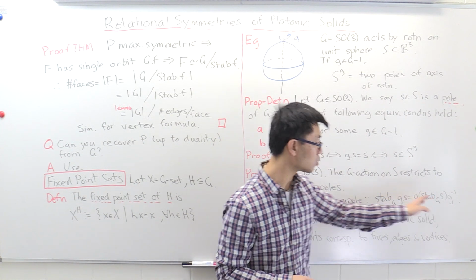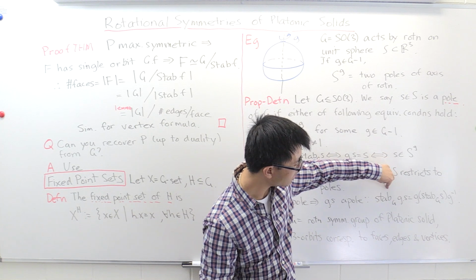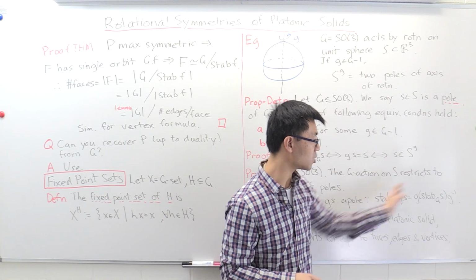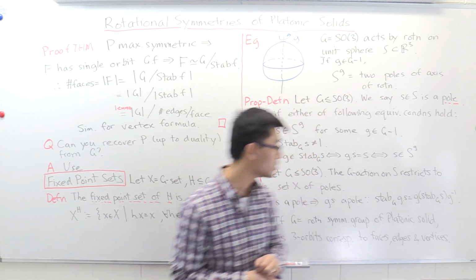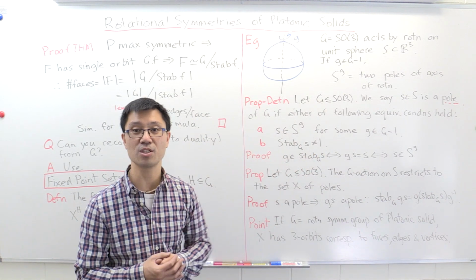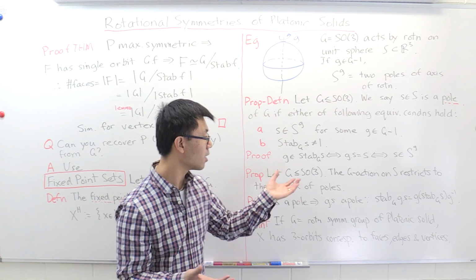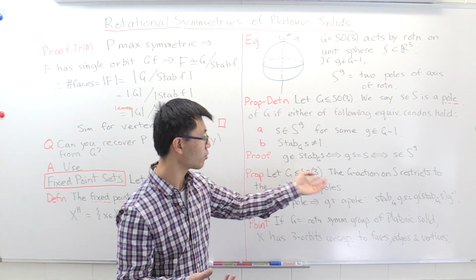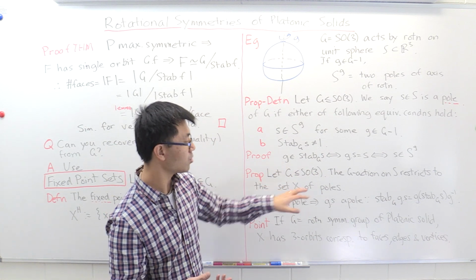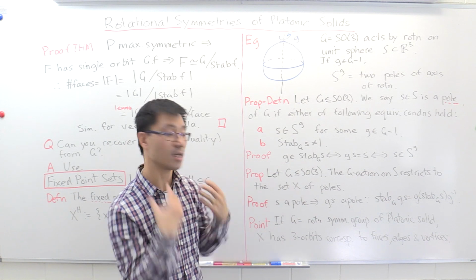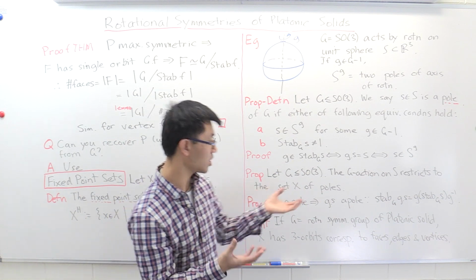There's a bijection between the two where you map an element in here to G, that element, G inverse. So that immediately gives this lovely proposition here. If you have any finite subgroup G of SO3, then you can look at its set of poles, and that set of poles actually is a G set.